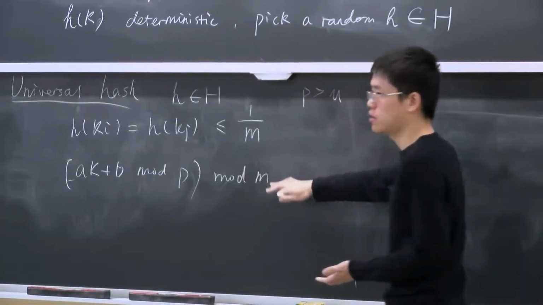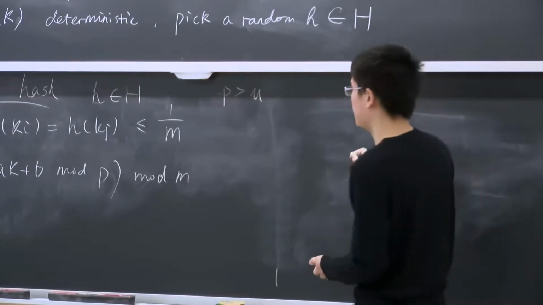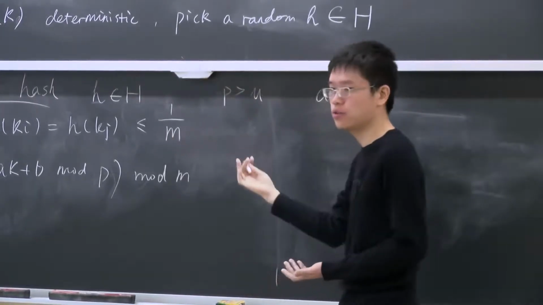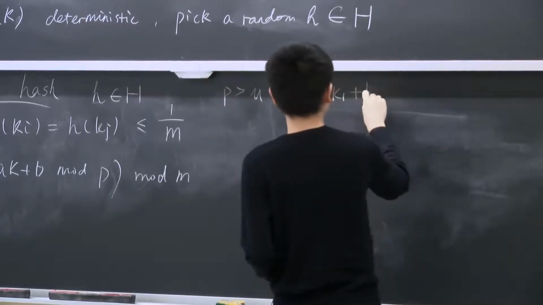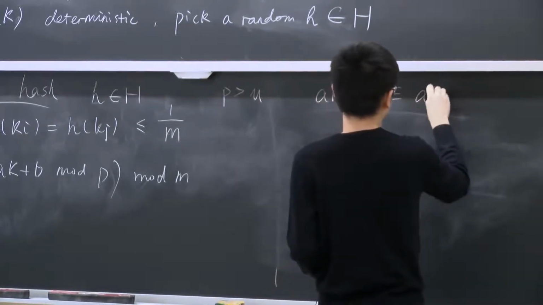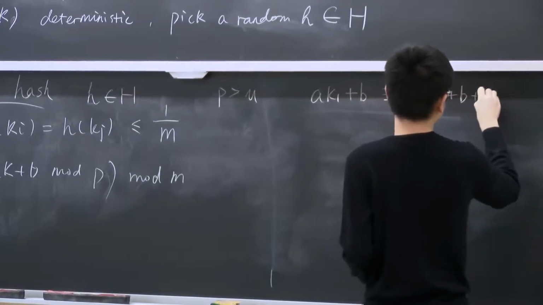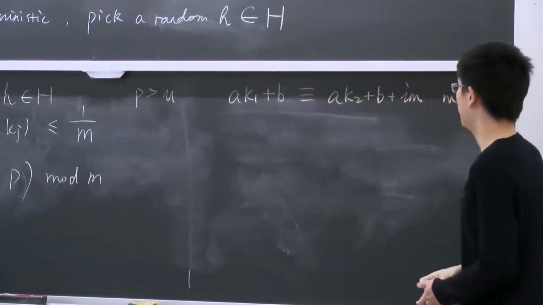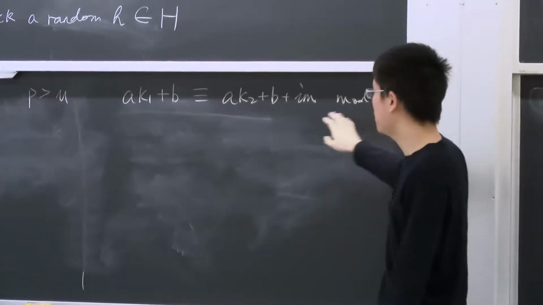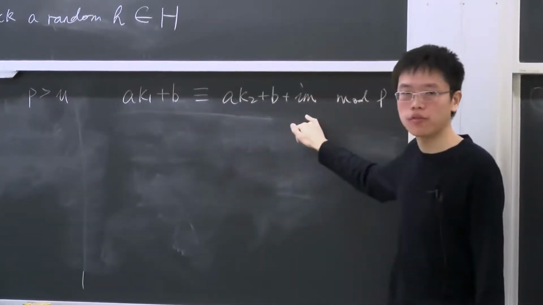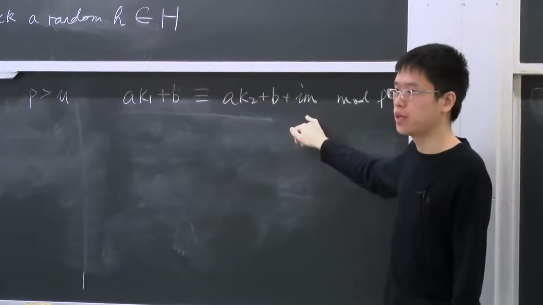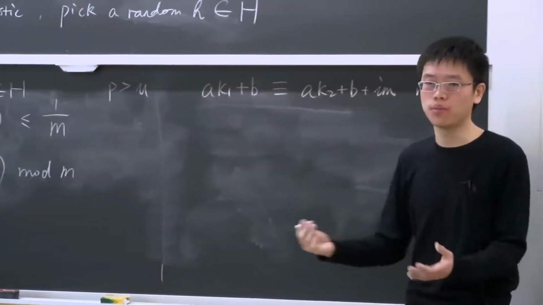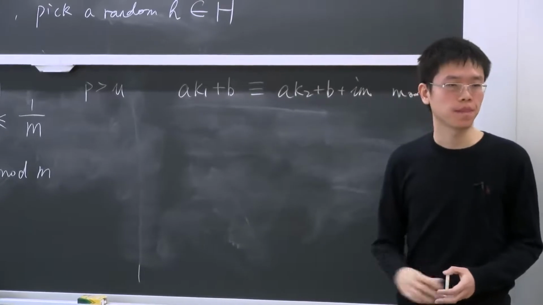To do that, we just need to analyze the collision probability. If I have two keys, k1 and k2, that map to the same bin, that means after taking the mod m, their difference should be a multiple of m. Because if this is true, after taking the modulo m, they will map to the same bin. Make sense?